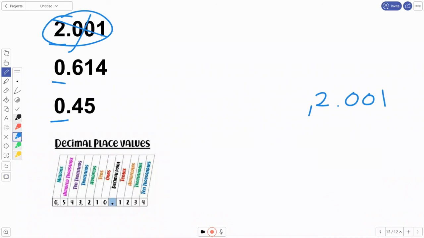I go to the next digit, 0.6, 0.4. The 4 is smaller than the 6. So I know that 0.45 will come first because that is the smaller number. Then I have 0.614 with 2.001 as the biggest number.